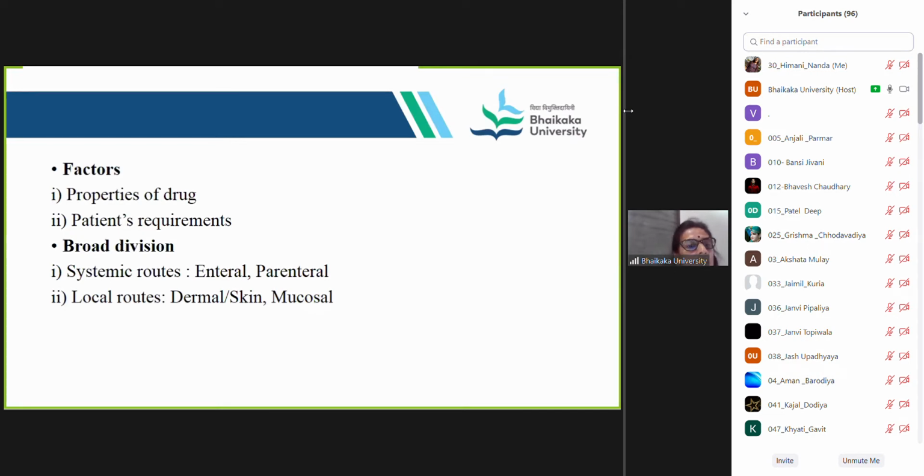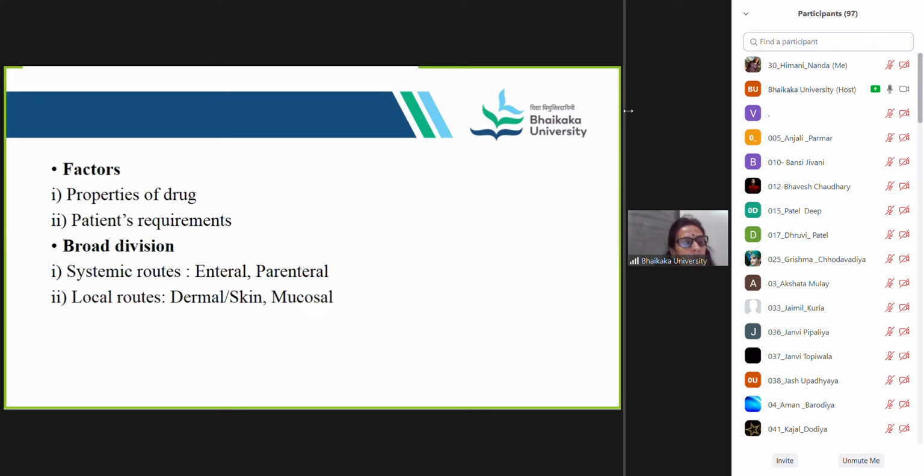So the broad division is systemic routes, enteral and parenteral. And the second is the local route, where the drug is given through skin or mucous membrane. That is the topical route, where you apply the drug for local action. So this is the broad division.